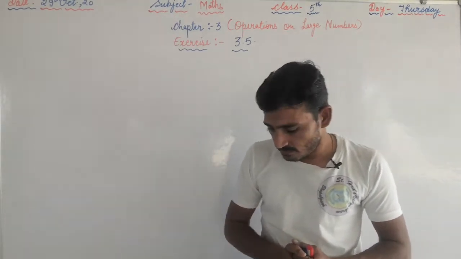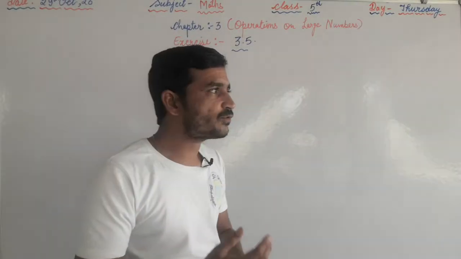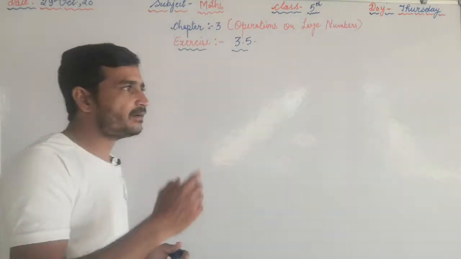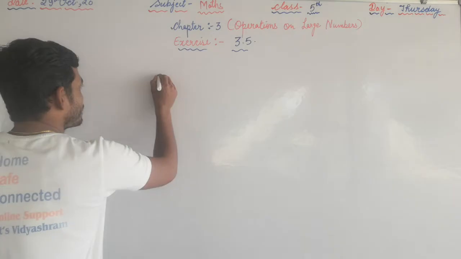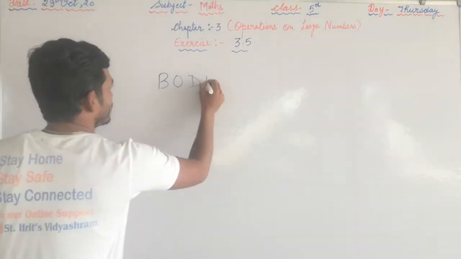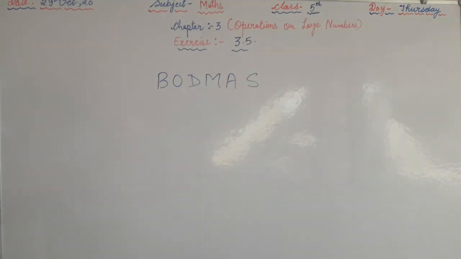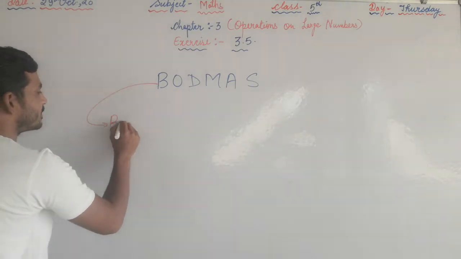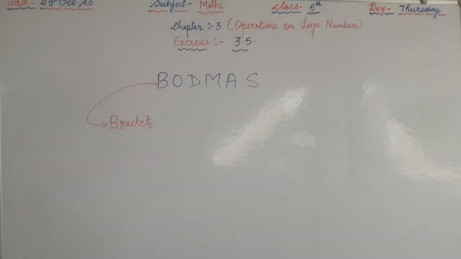First of all, if there are many operations, which operation do we perform at the start, and the order of those operations also depends on the BODMAS formula. Which formula? The BODMAS formula. B stands for brackets.